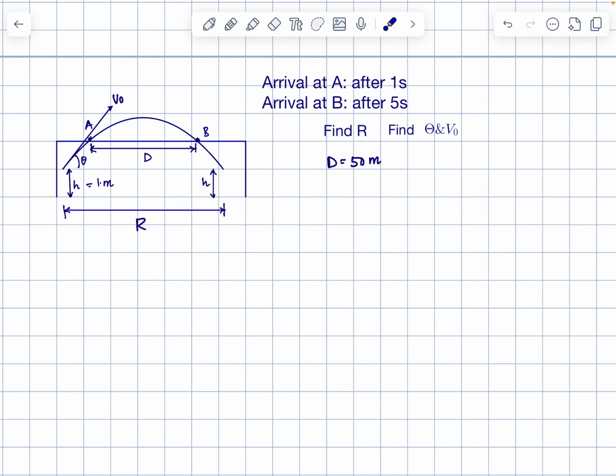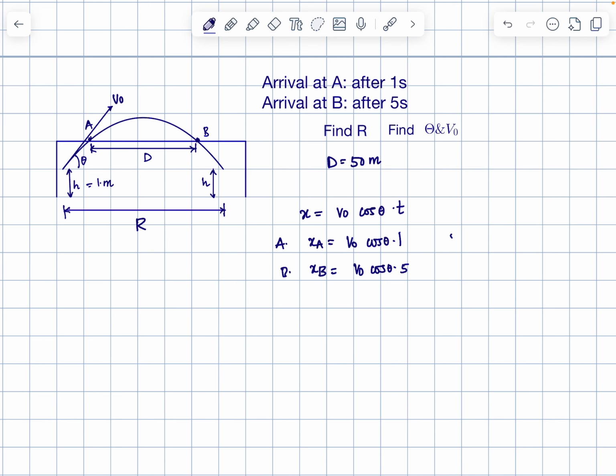So given these parameters, let's look at this. The distance traveled along x equals v0 cosine theta times t. At A, x of A is v0 cosine theta times 1, and at B the distance along x is v0 cosine theta times 5.